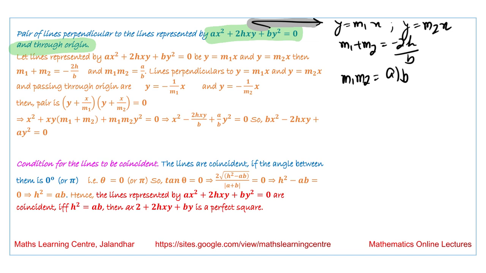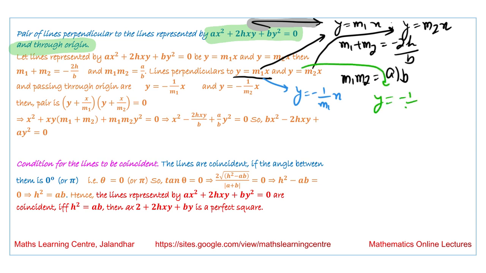So we want the lines perpendicular to y is equal to m1x and y is equal to m2x. The line perpendicular to the first line has the equation y is equal to minus 1 by m1 x, and the line perpendicular to the second line has the equation y is equal to minus 1 by m2 x.